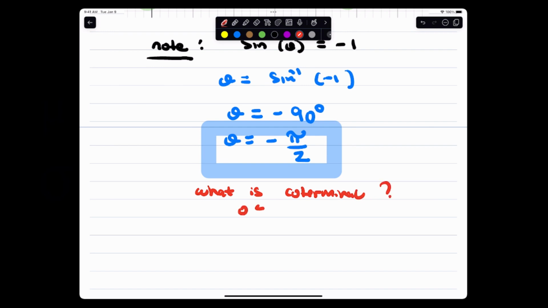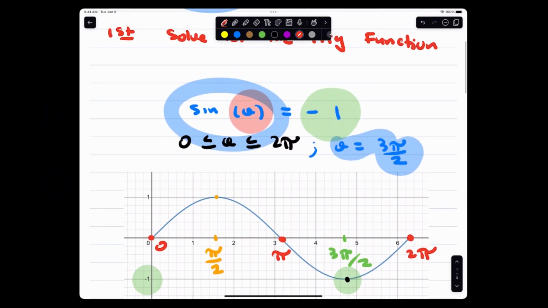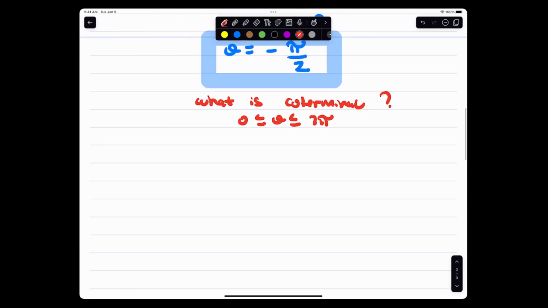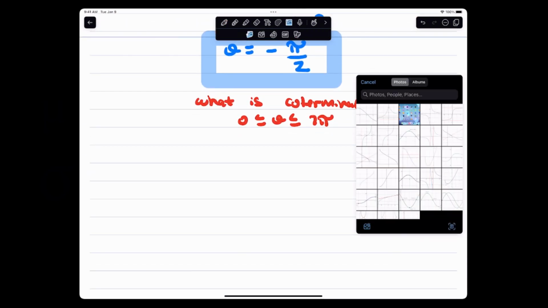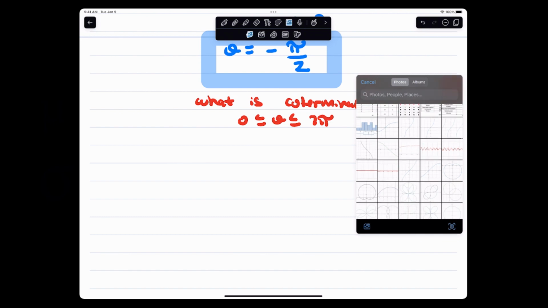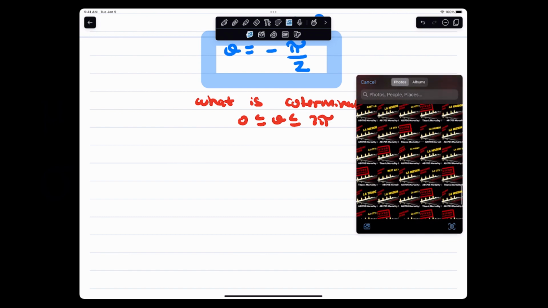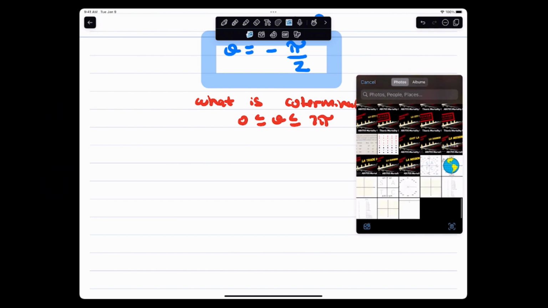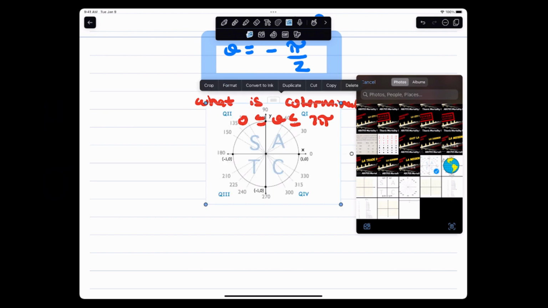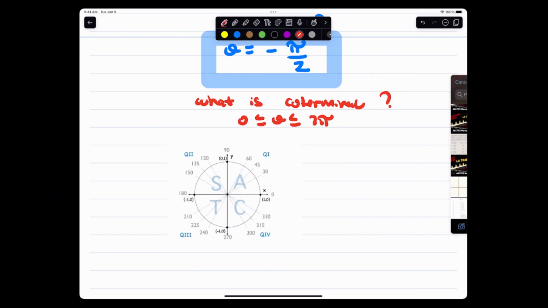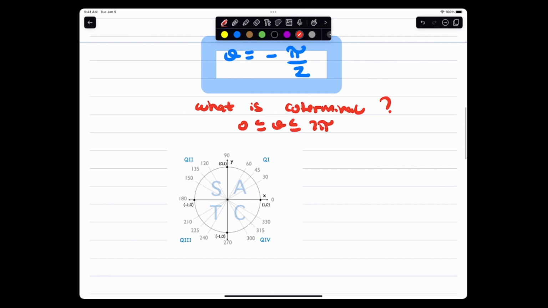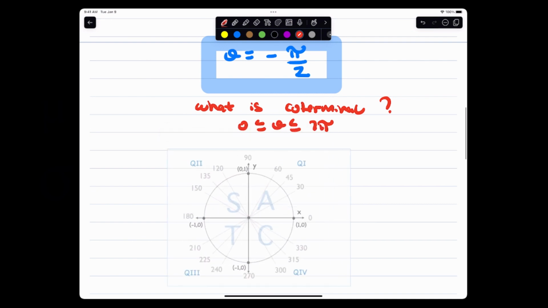Within the interval they gave you, from 0 to what? They said from 0 to 2 pi. So if you have this problem, and it's really not a problem, it's not a problem. What's the deal here?